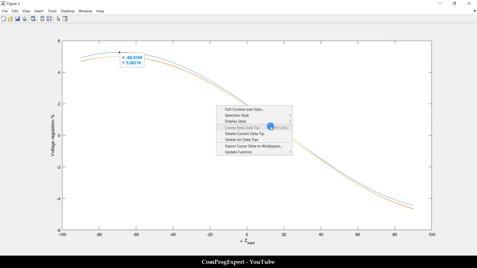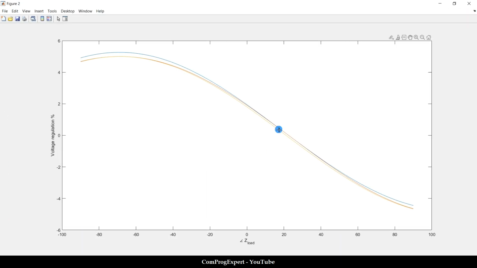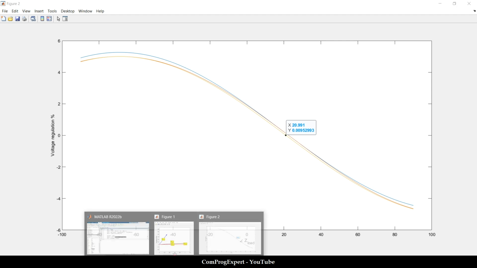So let me delete this. Let's run again. This one is for the approximation. So here the zero voltage regulation occurs for this angle, 21.